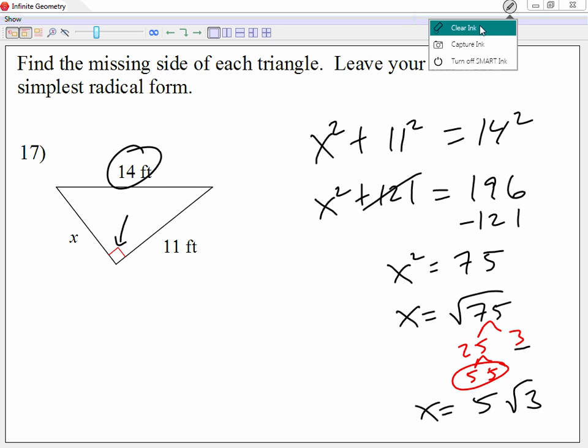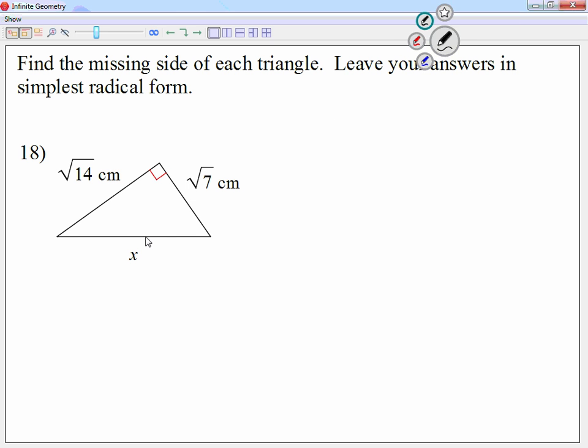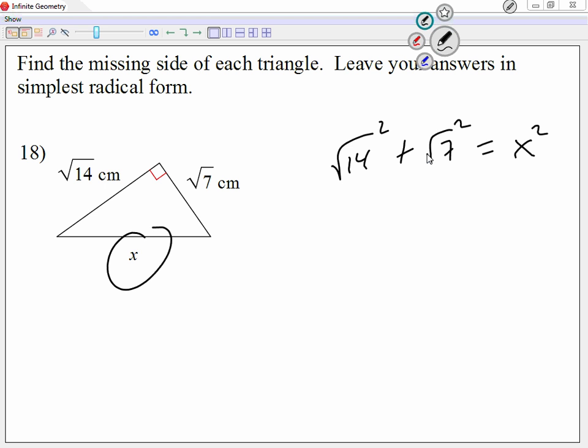Let's take a look at number 18. The biggest side is x. I'm comparing the length. So I'm writing radical 14 squared plus radical 7 squared is equal to x squared. How much is radical 14 whole squared? 14, good. How much is radical 7 squared? 7. This is supposed to be x squared. So we have that 21 is x squared.